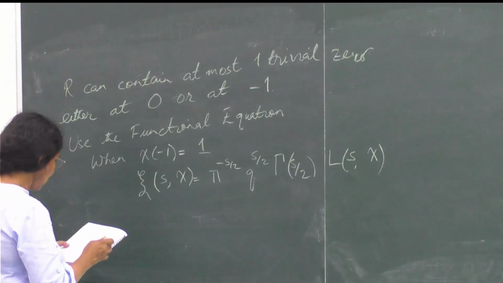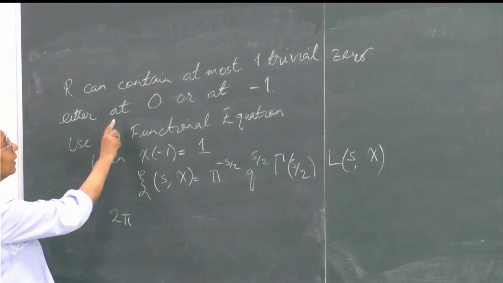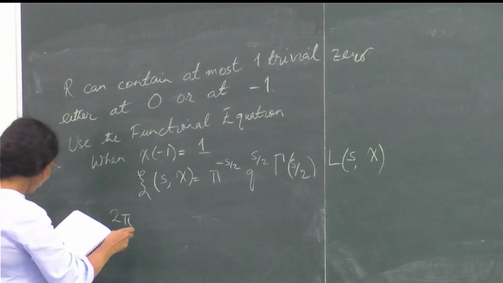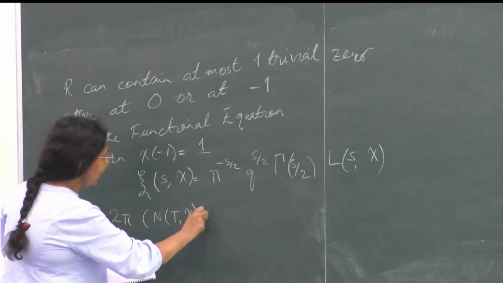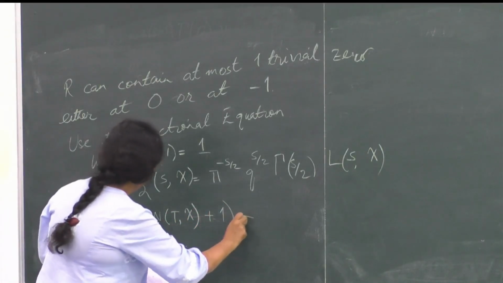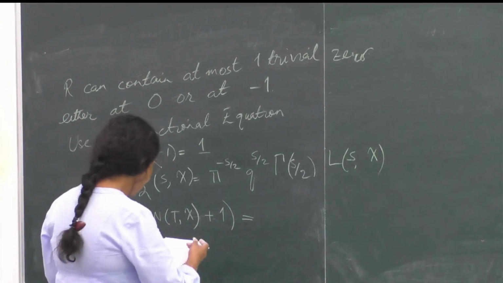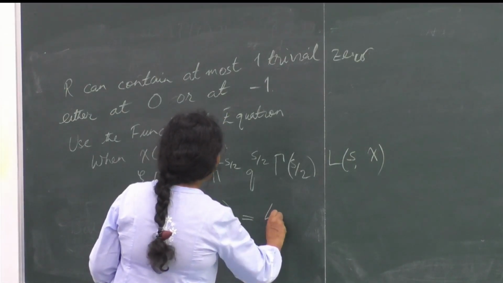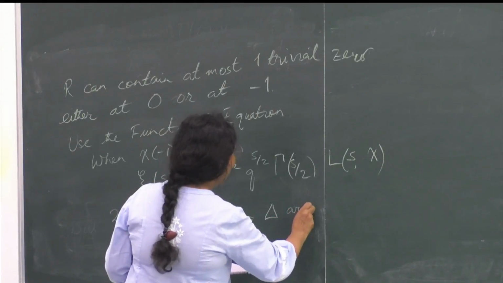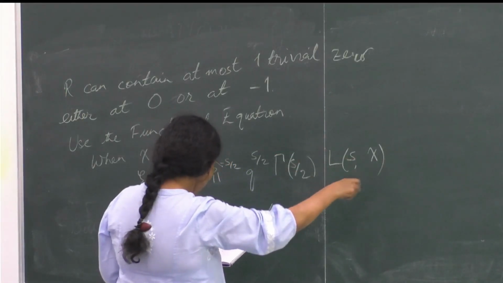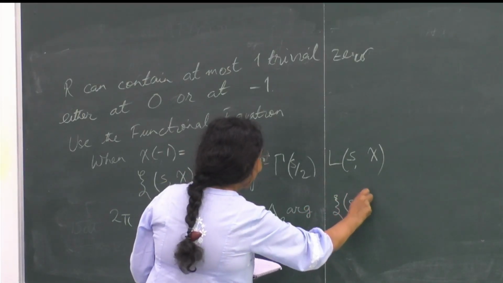So this means that if I take 2 pi, and then that was my notation, N(T, chi) plus 1, from my functional equation, this will be equal to the half contour delta, half of this rectangle, and the argument of psi(s, chi).